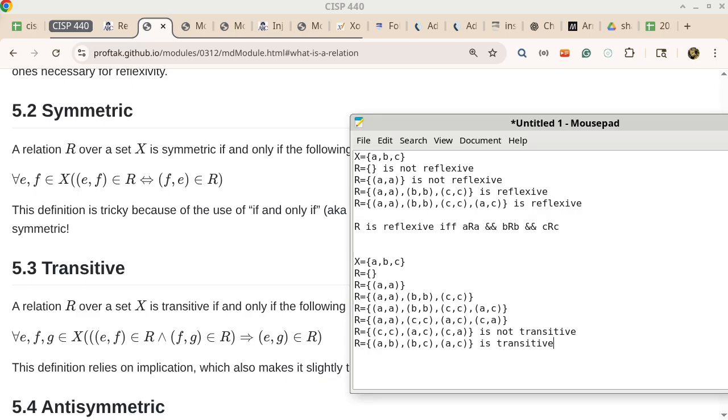It is not symmetric, but it's transitive, because that's what transitive means. A is less than B and B is less than C, is A less than C?